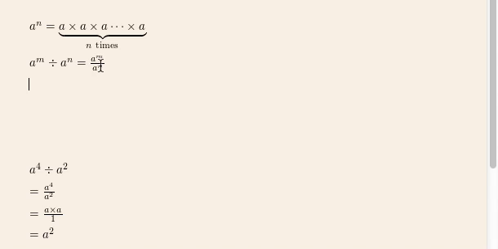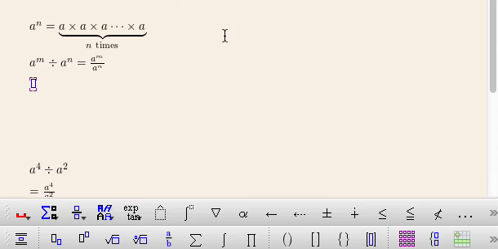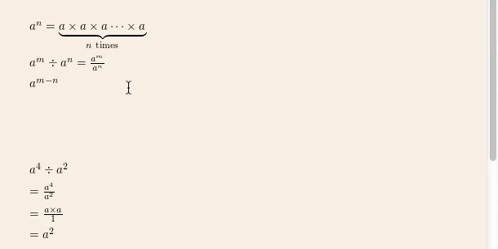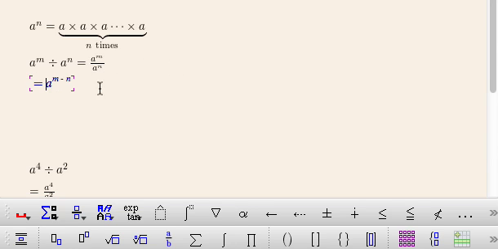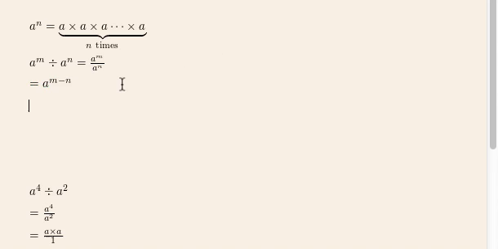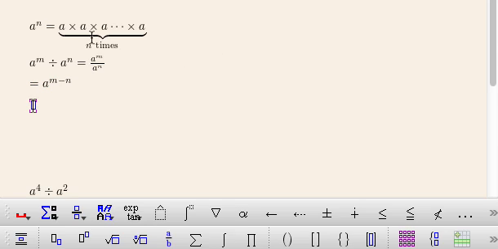So how many a's would there be remaining at the top? There would be a to the power of m minus n remaining at the top. So this is what it is equal to. But this is only true if m is larger than n.